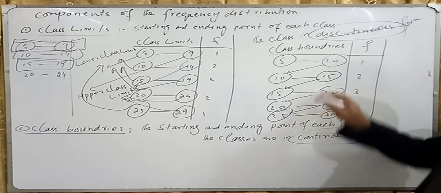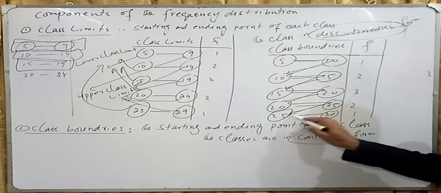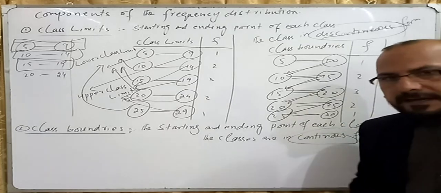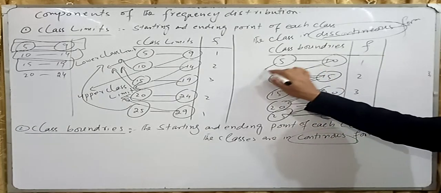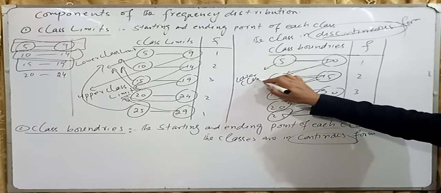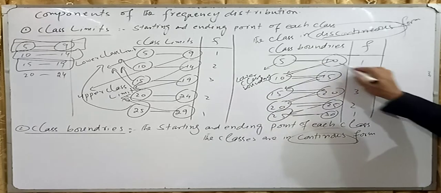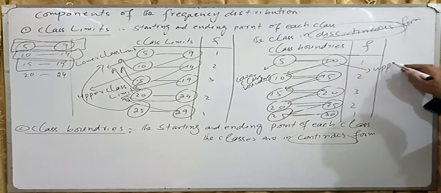So there is a repetition, there is a zigzag relation amongst the classes. If there is a zigzag relation amongst the classes, this is called lower class boundary, and this is called upper class boundary.